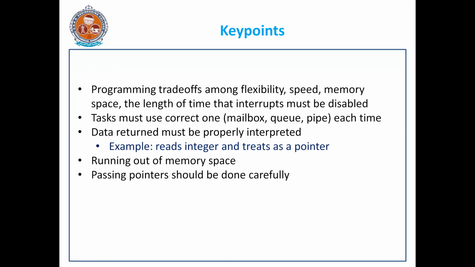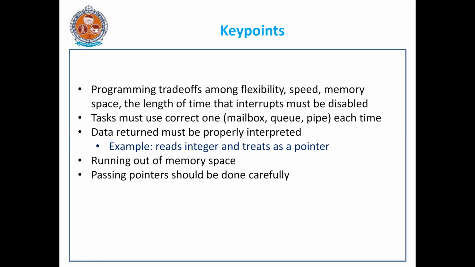Some important key points you have to know are the programming trade-offs among flexibility, speed, memory space, and the length of time that interrupts must be disabled. Another point is that the task must use the correct one. Whenever you are using a mailbox, queue or pipe, if a task needs a mailbox it should use only a mailbox, and if it needs a queue it should use only a queue.